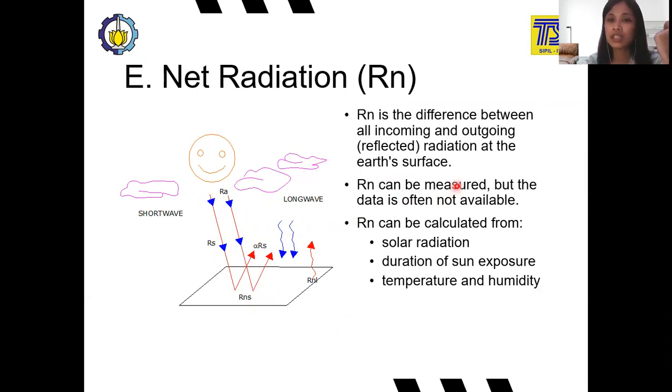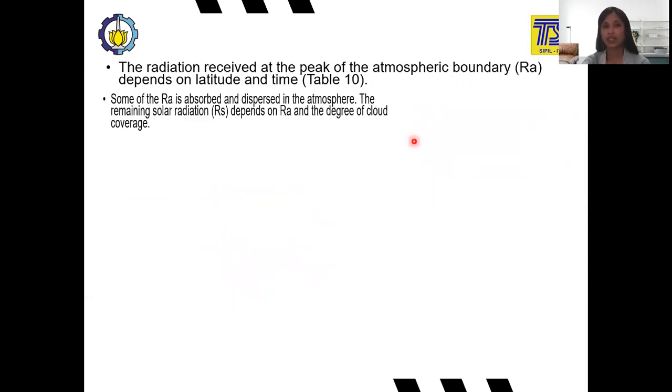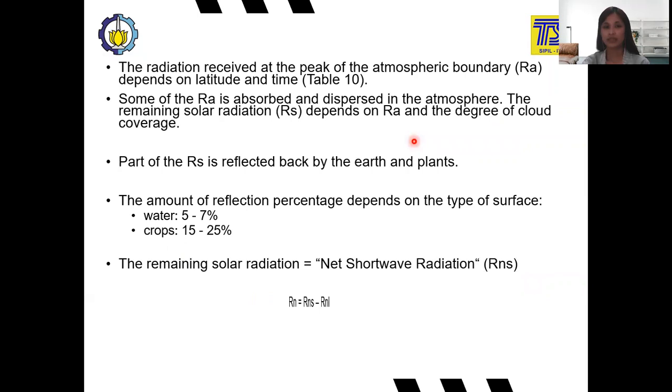The Rn can be measured, but data is often not available, so we have to calculate it from the data available. Rn can be calculated from solar radiation, duration of the sun exposure, and then temperature and humidity. How to calculate Rn is a little bit complicated, but I think we can do it.